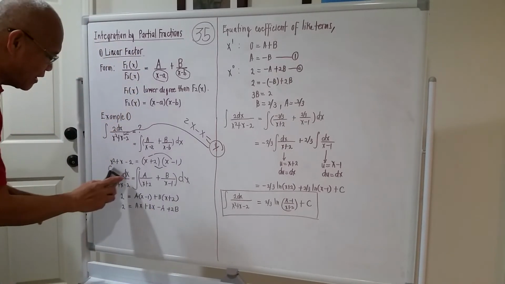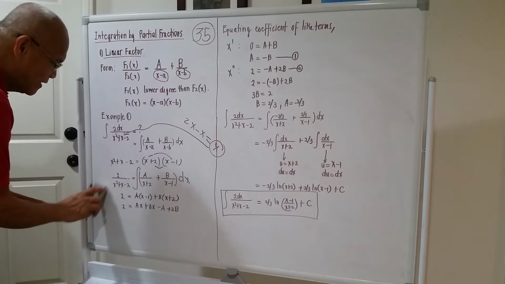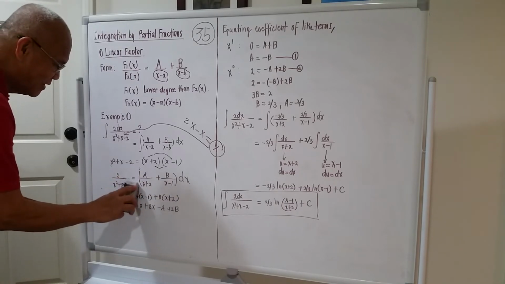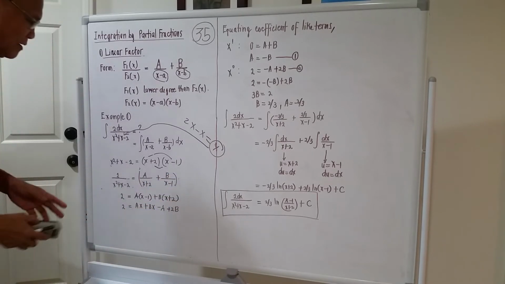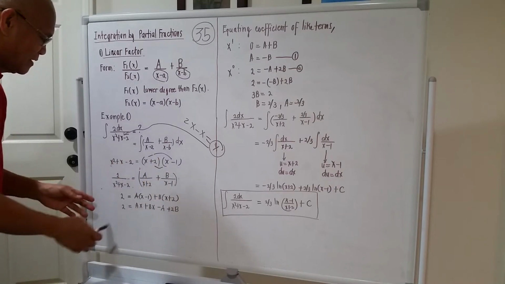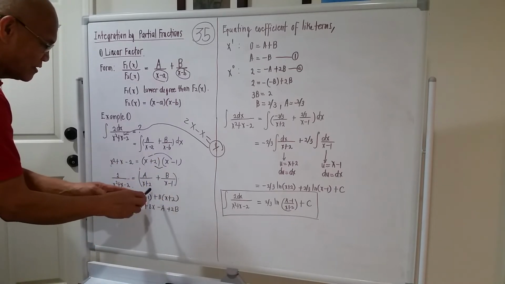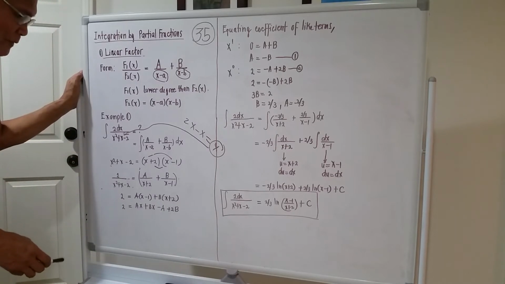Okay, I will remove this one again so you will not be misled into thinking of something. If we try to simplify this one, actually this one is the product of x plus 2 and x minus 1. Okay?